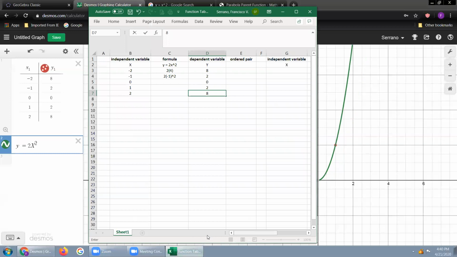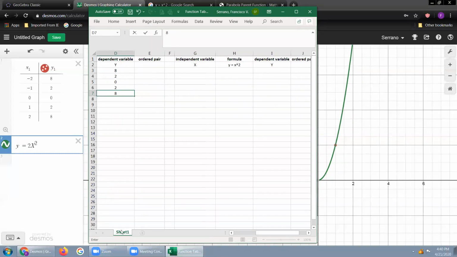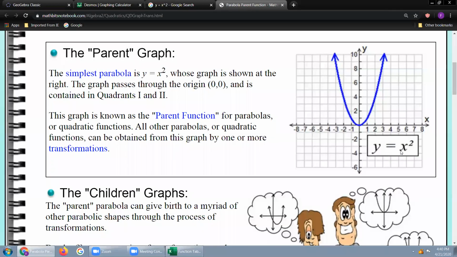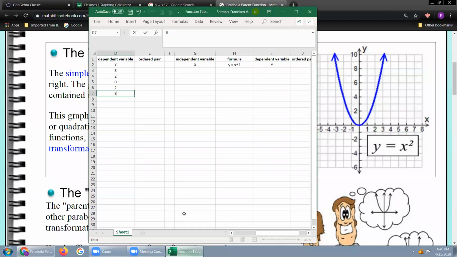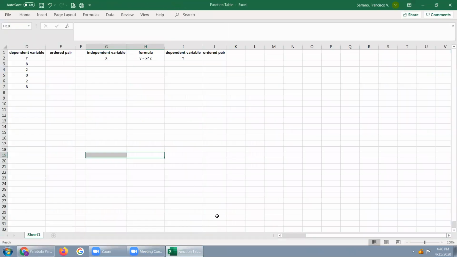Now, what I want you to do in your notebook is y equals x squared. The one that we had over here. So all we need to do is square the x value, that's it. No times 2, easier for you. Going back to the table, we're going to forget about all this.